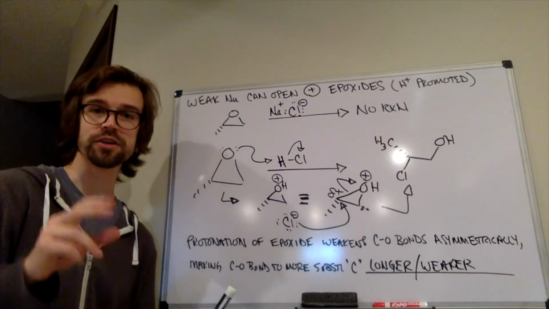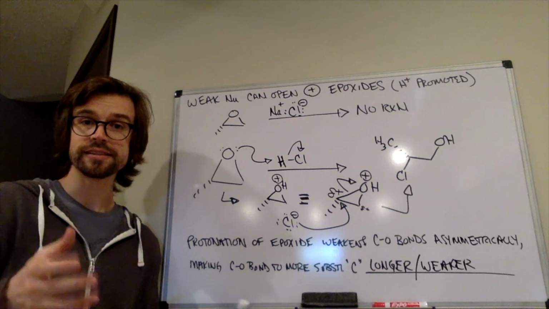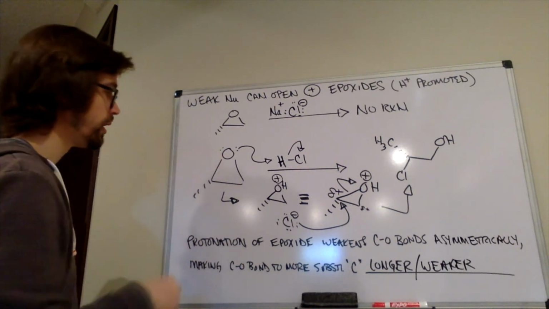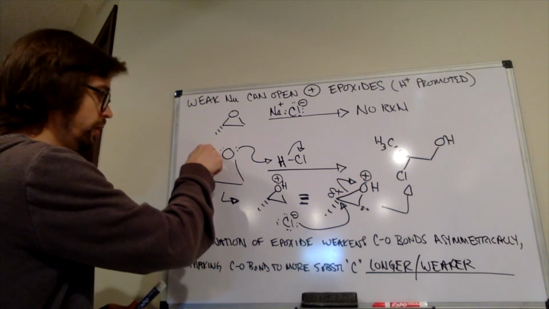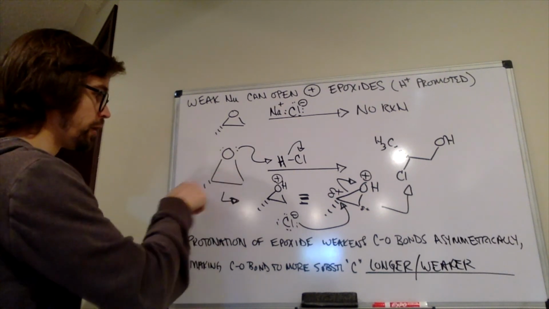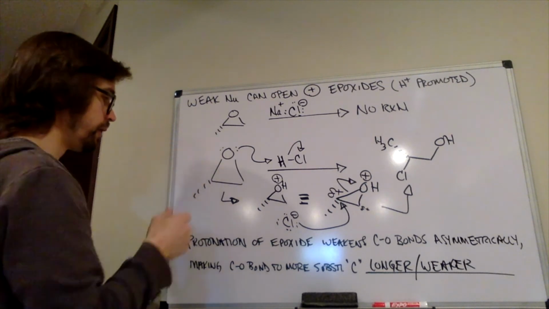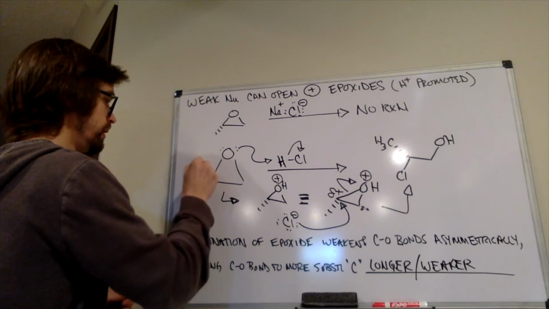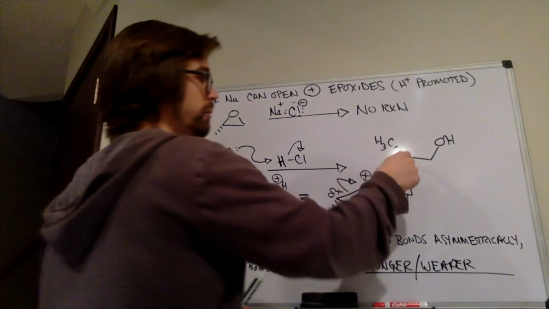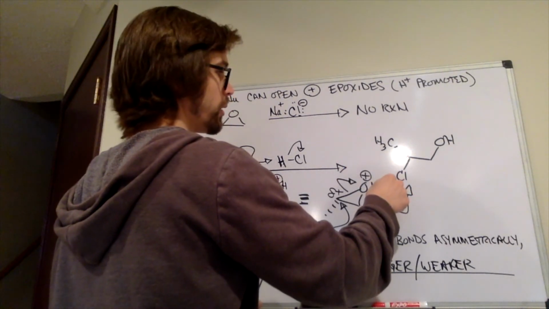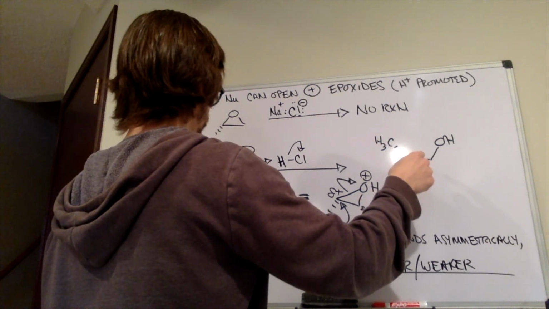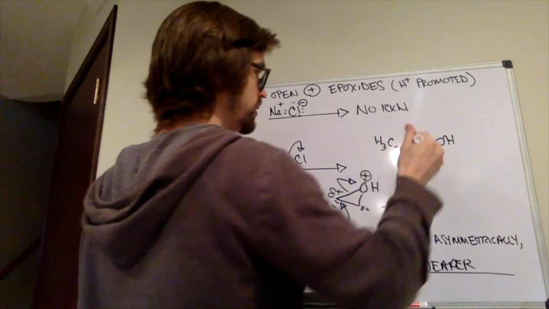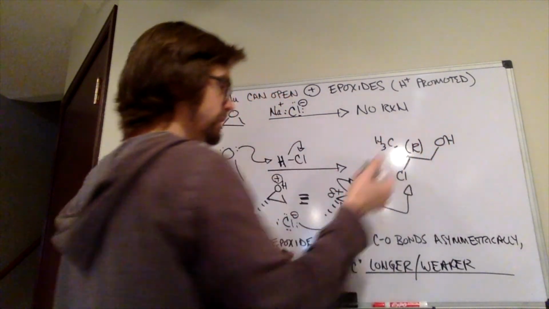Did that stereocenter invert? Yes, it did. If you look at RS on this one, this is priority 1, priority 2, priority 3, but it's in the back, so this is S. And if we look at this one over here, priority 1, priority 2, priority 3, this one is R, because that thing's in the back again.